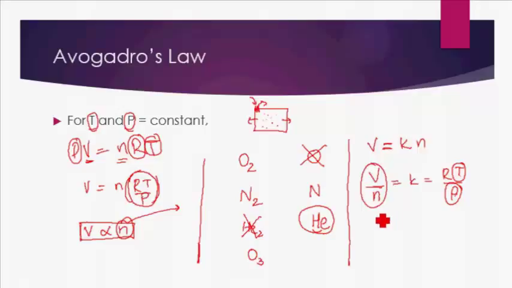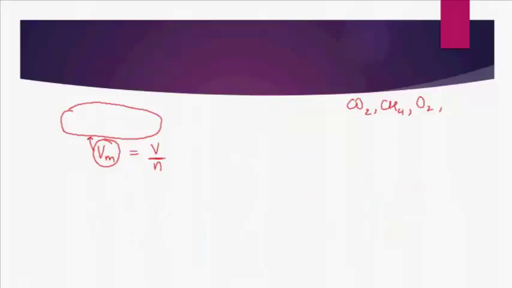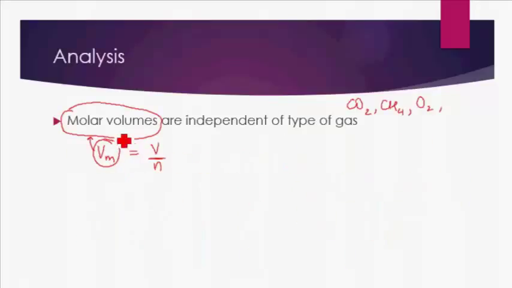And this ratio is basically called molar volume, that is, volume occupied by 1 mole of gas. That is why we said here that molar volumes are independent of type of gas.